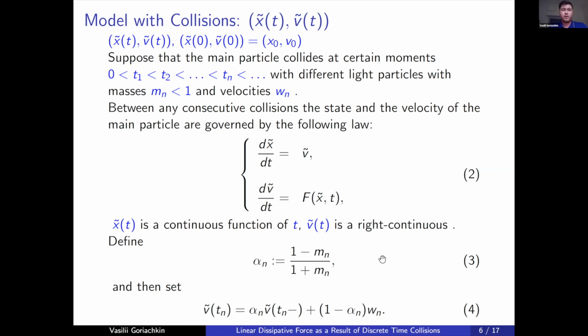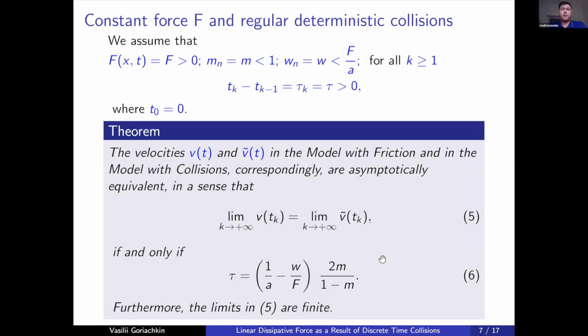Okay, let's consider some results for specific cases of external force and parameters. Firstly, the simplest problem that could appear here is when the external force is constant. Then the masses of the small particles are the same, equal to m, which is less than 1.